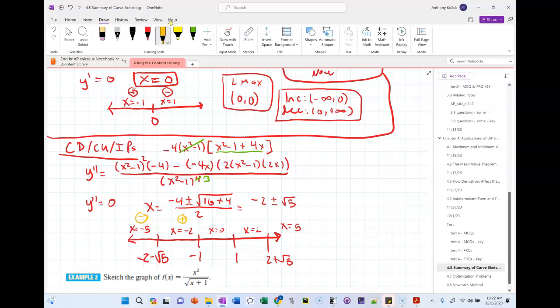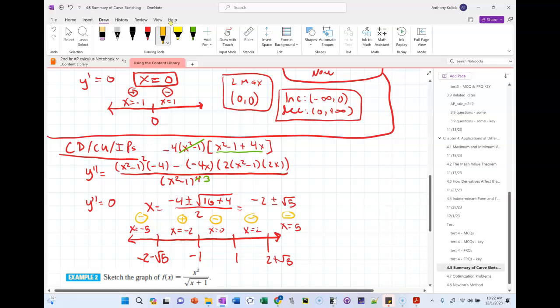I plug 0 in, and I have negative times negative over negative. That's three negatives. I plug 2 in. That should be the same thing happening as -2. Oh, no, it won't be. So that'll be positive times negative over positive, so that part's going to be negative. And then 5, if I plug that in, should be negative times positive over positive. That should be negative also, I think.